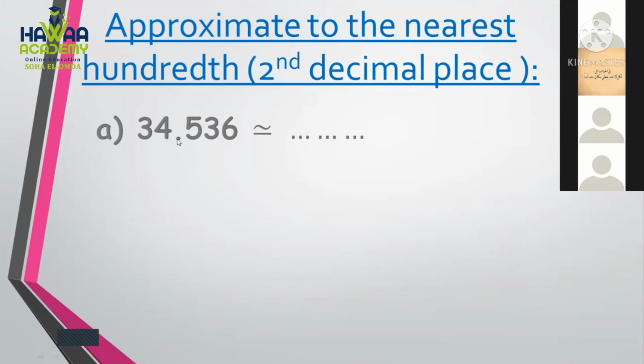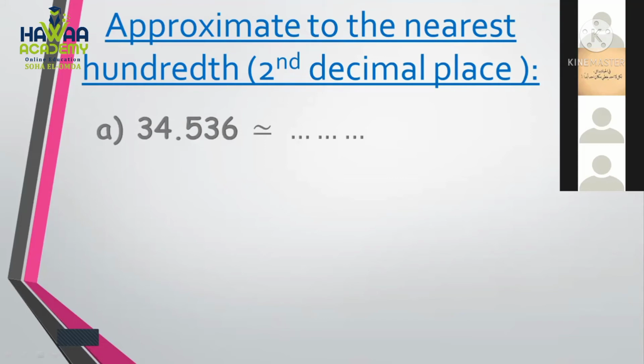What is the name of this? Decimal point. The place value of the 4 is? Units. The place value of the 5 is? Just tenths, okay? So here we have units, decimal point, tenths, hundredths, and thousandths.